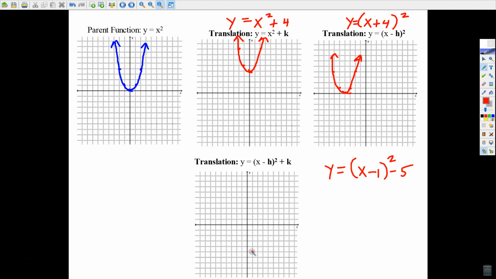And that's the vertex of this translated parent. And then you just make all the points do the same thing. Every point on the parent got shifted 1 to the right and 5 down.